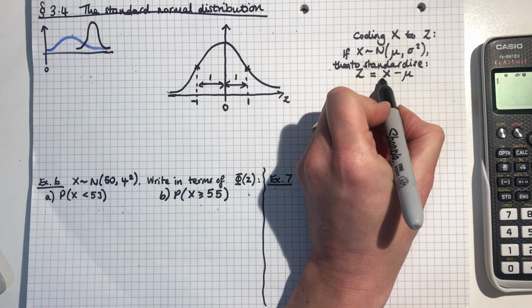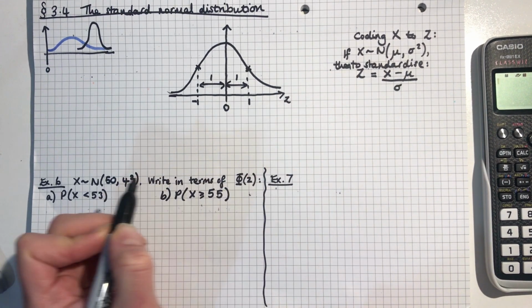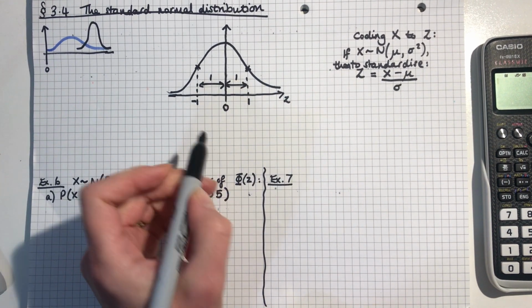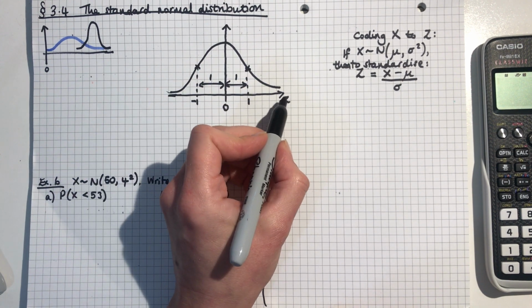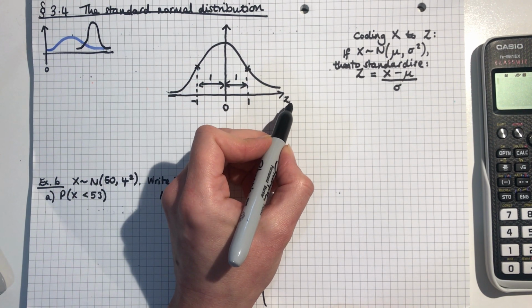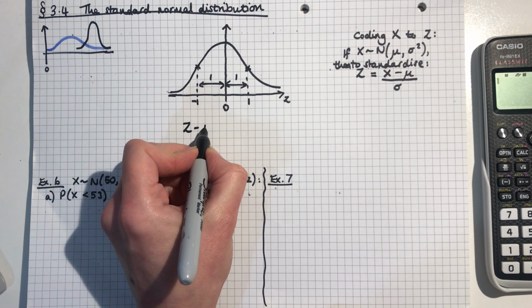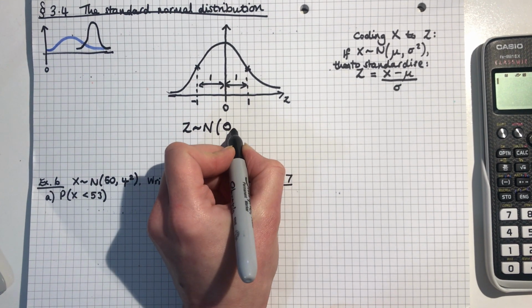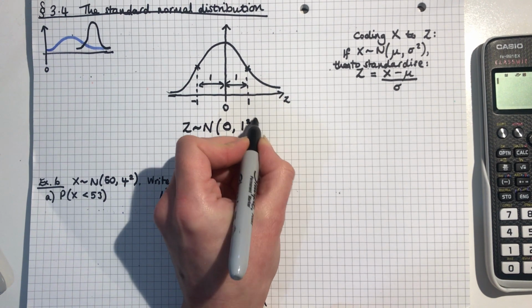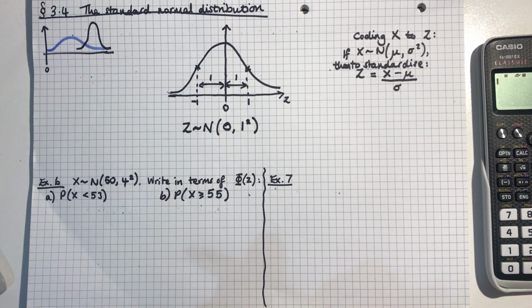To do that, we divide by the standard deviation. A standard normal distribution looks like this, same as the others, but we call the horizontal axis Z in this case. It has a mean of 0 and a standard deviation of 1, meaning a variance of 1 squared, which of course is also 1.